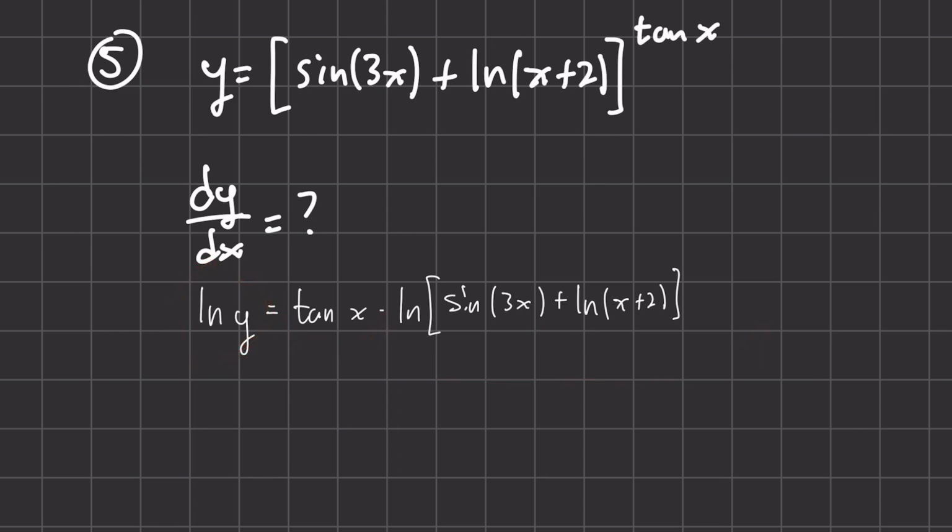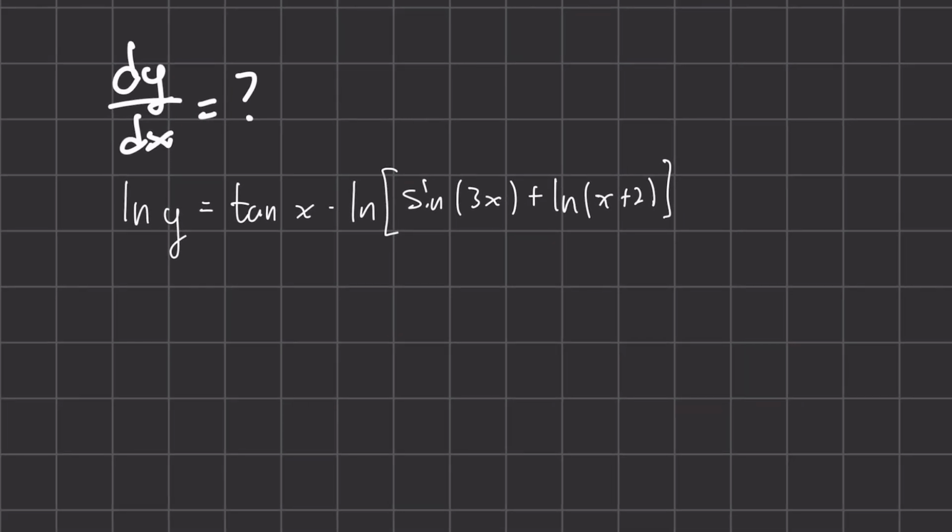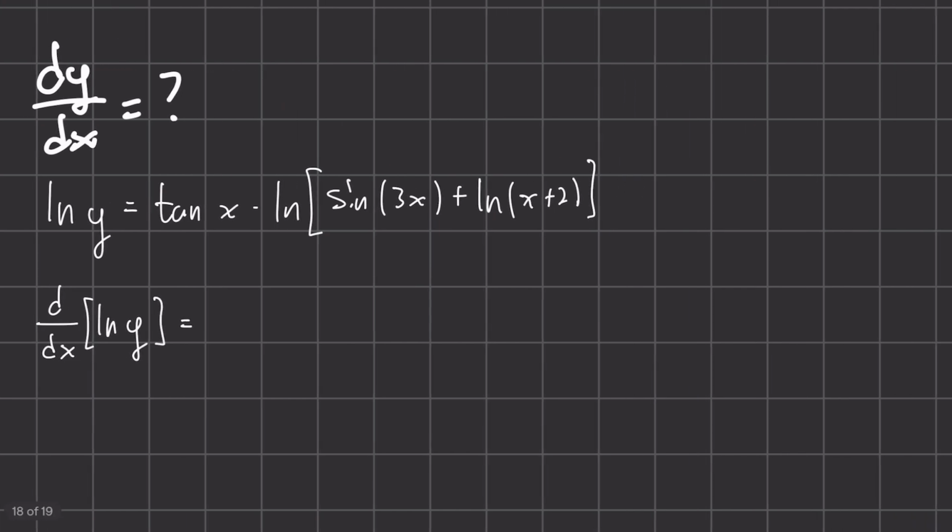Except that our y is not fully isolated. So at this point, if we take the derivative of both sides, we're going to need to implicitly differentiate for y. So we get the derivative of ln y is equal to the derivative of this whole thing here.